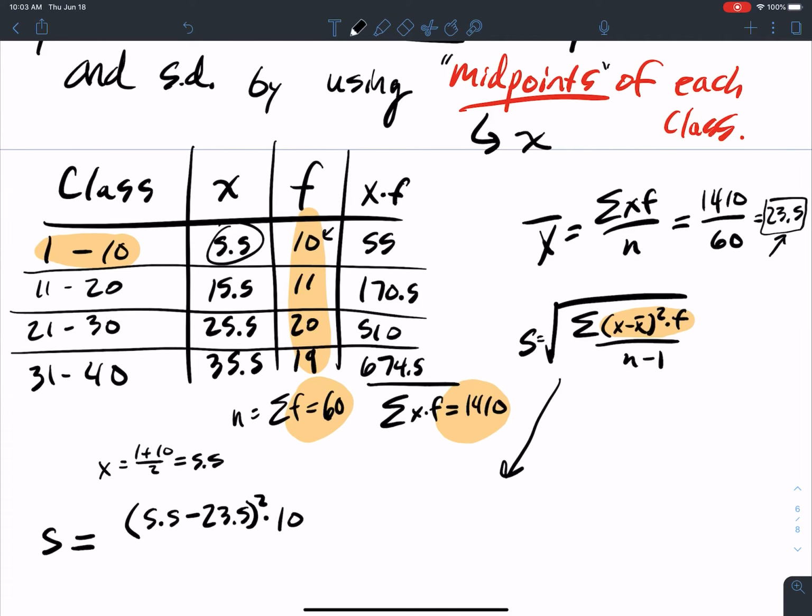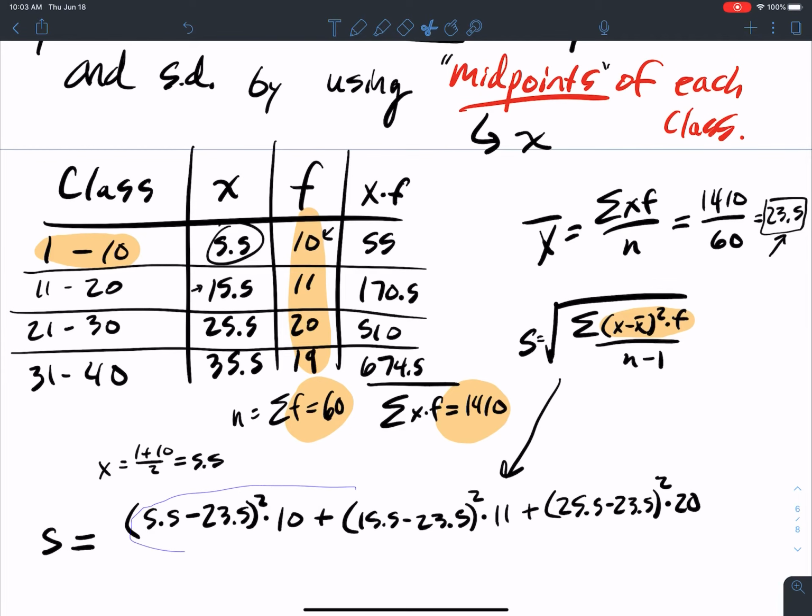The next x value is 15.5, so I'm going to do 15.5 minus 23.5, square it, and then multiply by 11 because there's 11 of them. Then I have 25.5 minus 23.5, square it, times 20.